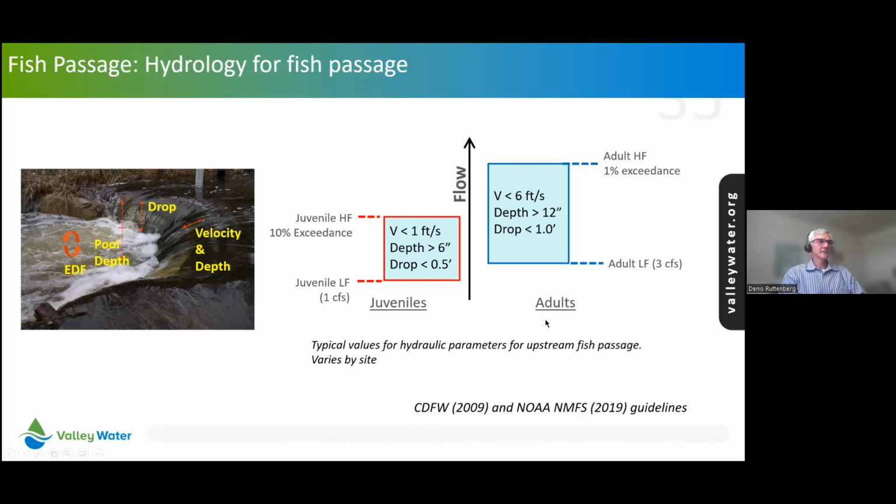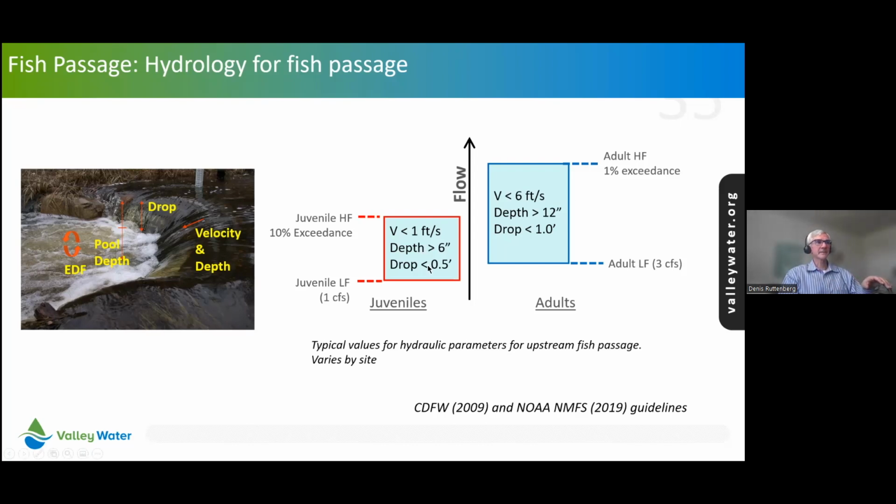For juveniles, this graphic shows flow increasing as you go vertically. On the left-hand side, juveniles have a lower and more narrow range. There's a bunch of guidelines in CDFW, but conceptually, they have a high flow and a low flow, and within those two flows, you have a different set of hydraulic parameters.